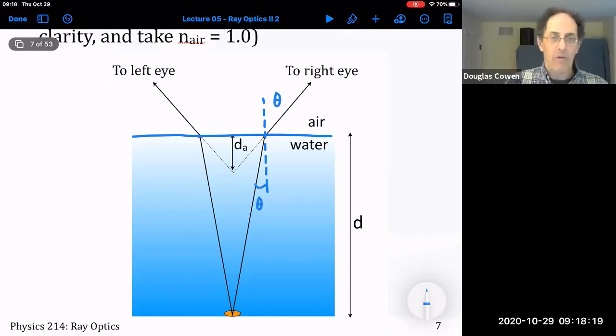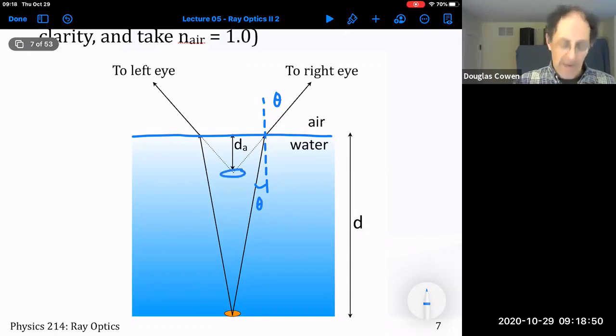Because it's going from water with a higher index of refraction to air with a smaller index of refraction, the light bends farther away from the normal than it had in the water. The net result, if you consider not just these two rays but lots and lots of rays, is that they will all look like they are coming from a coin that is right there.